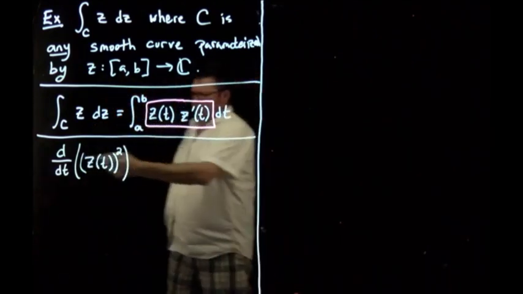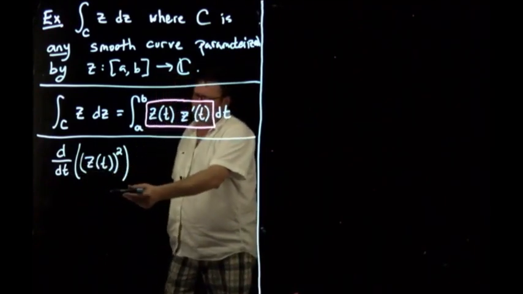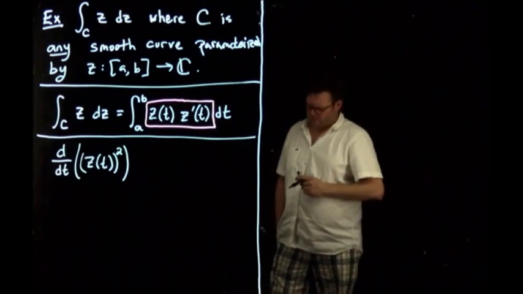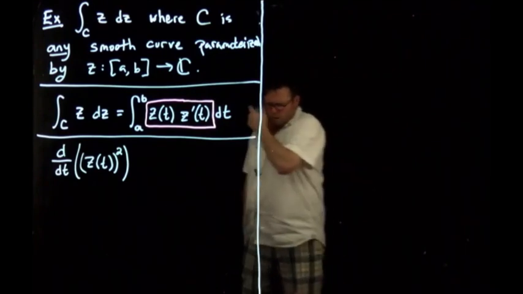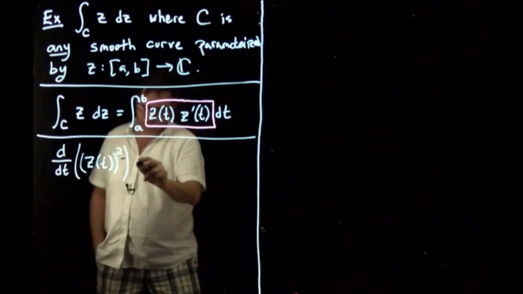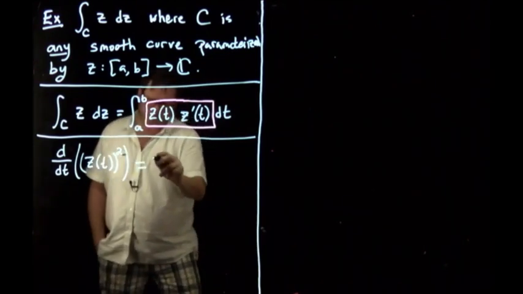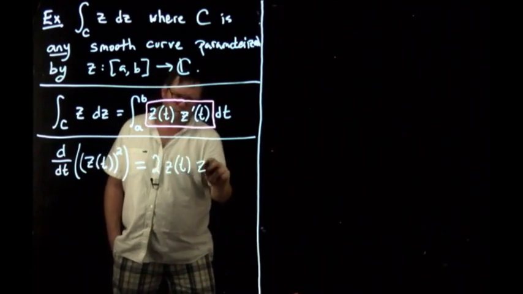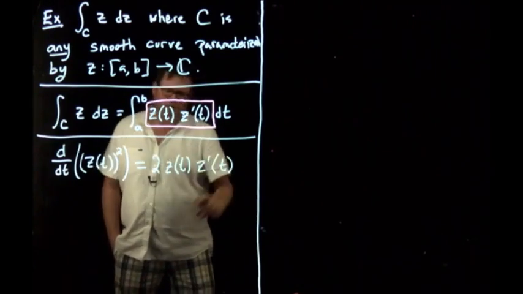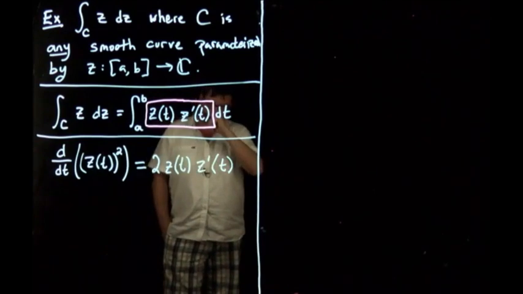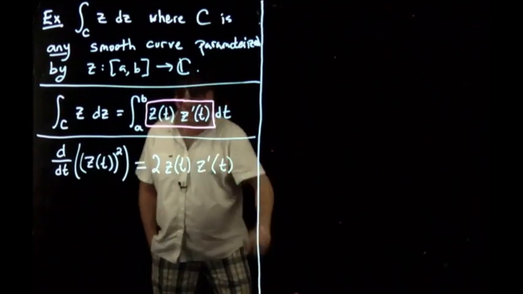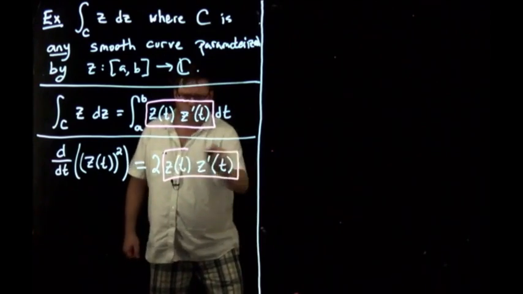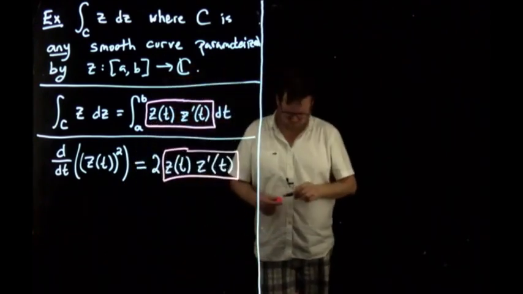What is the derivative with respect to t of the function z squared? Well, by the chain rule, the 2 comes down. We get a z of t times its derivative. So this is twice what we're integrating right up there.